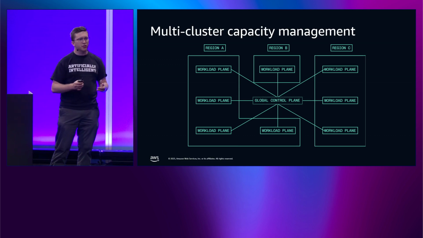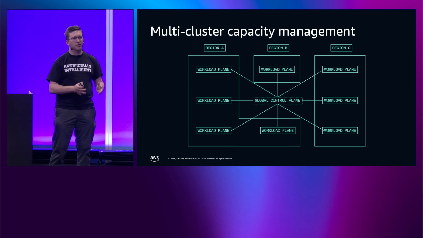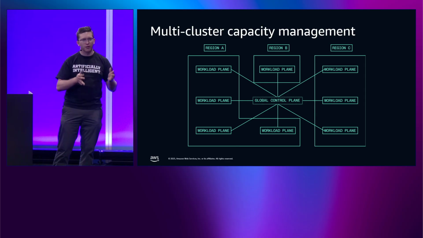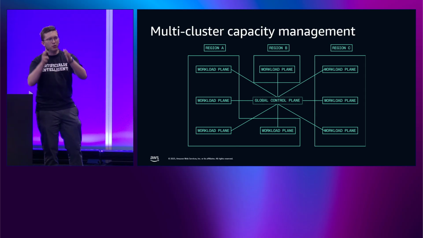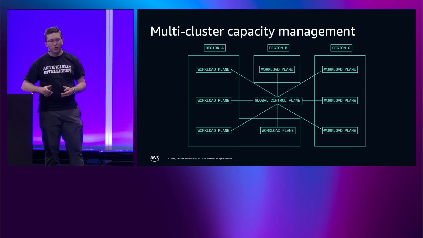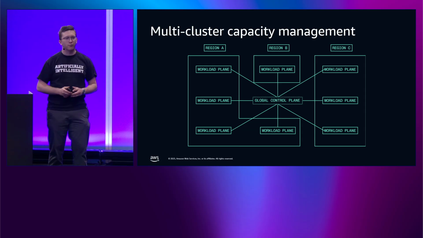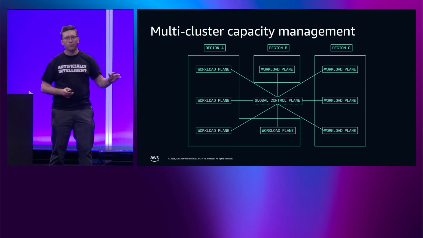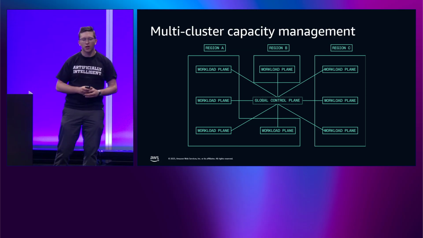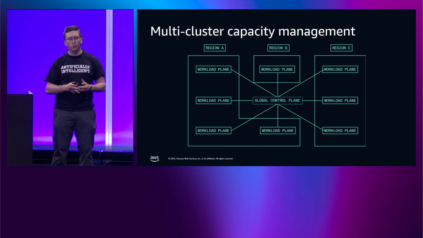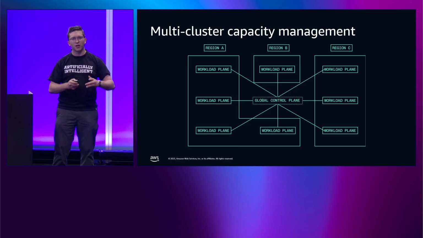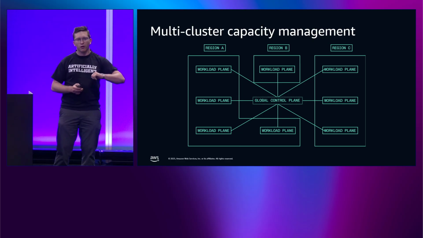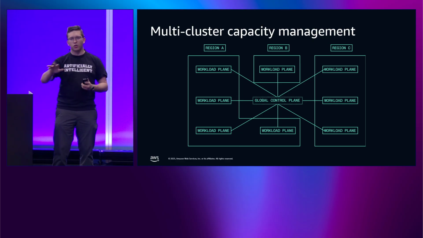While many inference services rely on only capacity within a single region, so let's say you're only in US East 1, you build your entire inference system there, with multi-cluster capacity management, you're able to pool compute across multiple regions, across multiple independent clusters, and with a single global control plane, treat it as a unified resource where you're able to, if you have, say, 10 replicas, schedule 8 of them on one instance, 2 on the other.